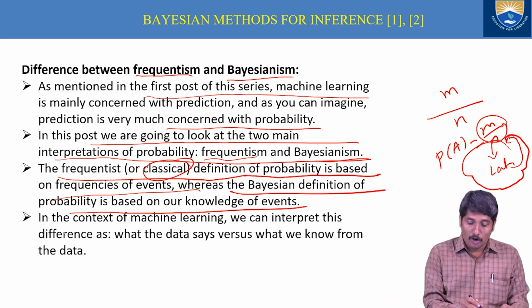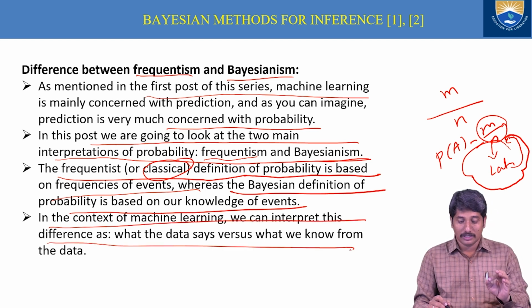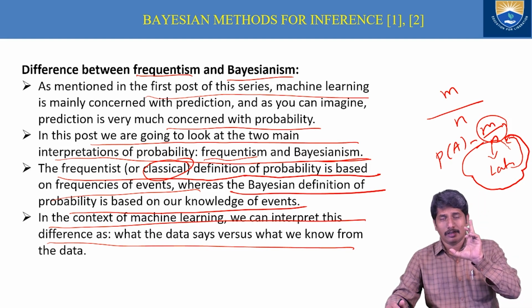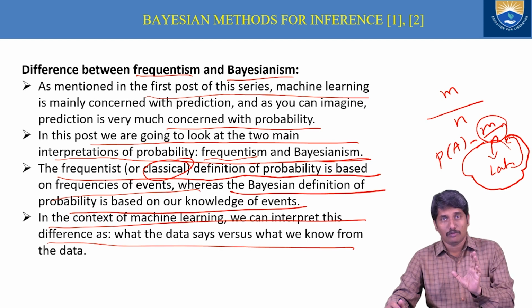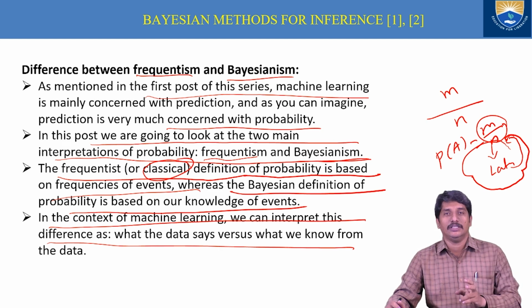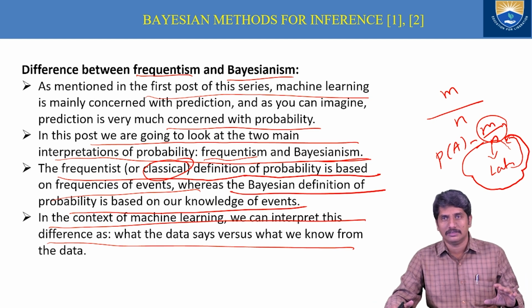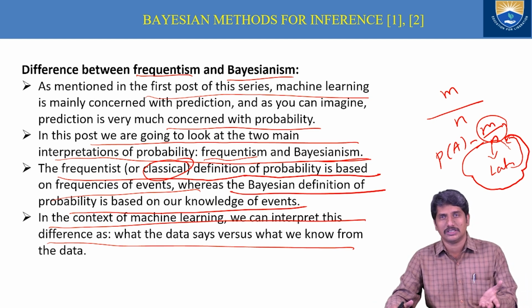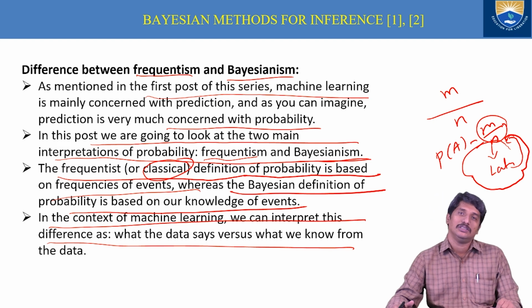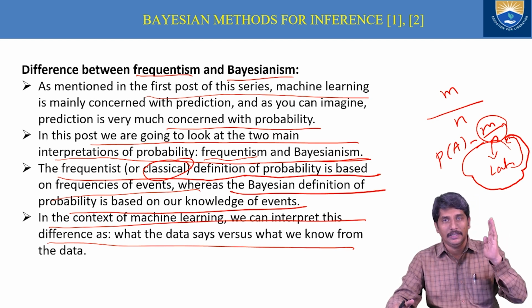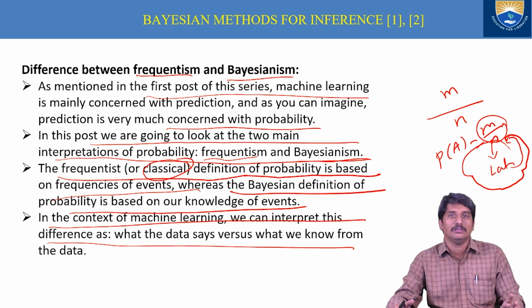So in the context of machine learning, we can interpret this difference as what the data says versus what we know from the data. That means what the data says and what we understood from the data. They seem very similar. You may ask what the difference is, as both sound the same. No, it's not like that. Reading the lines is different from reading between the lines.